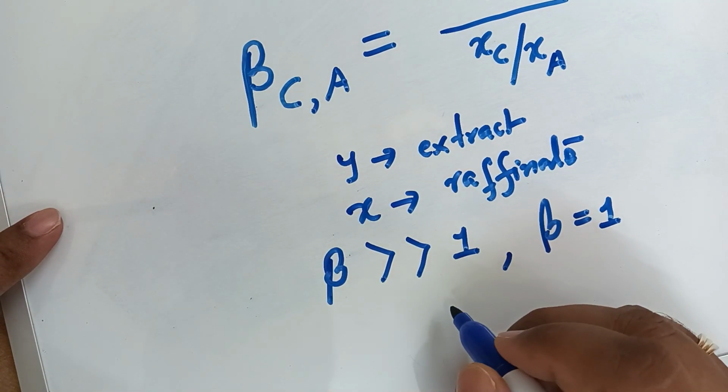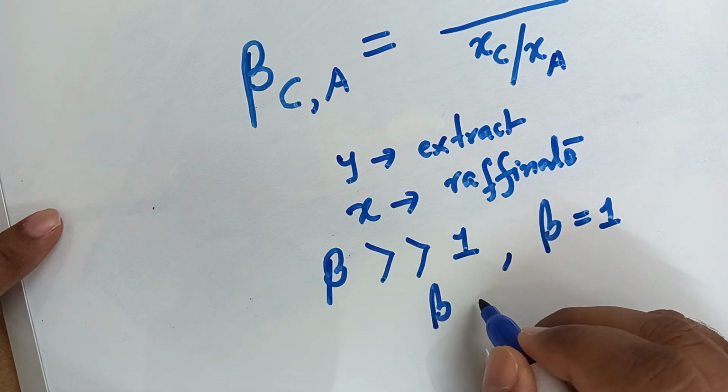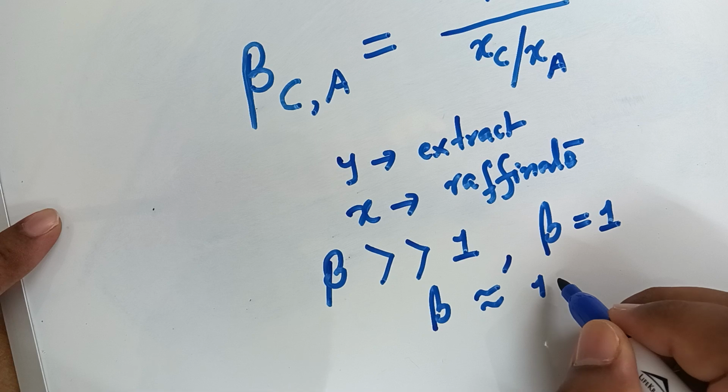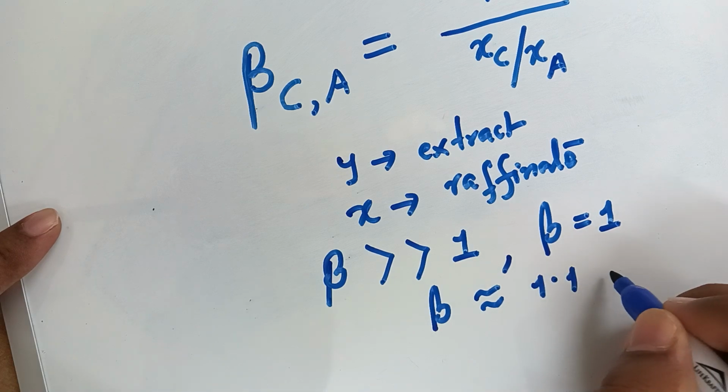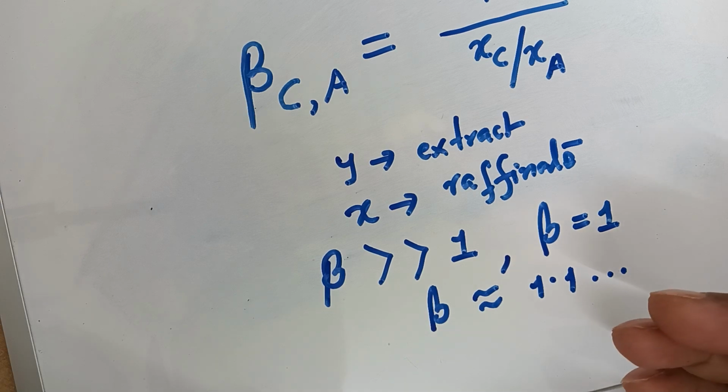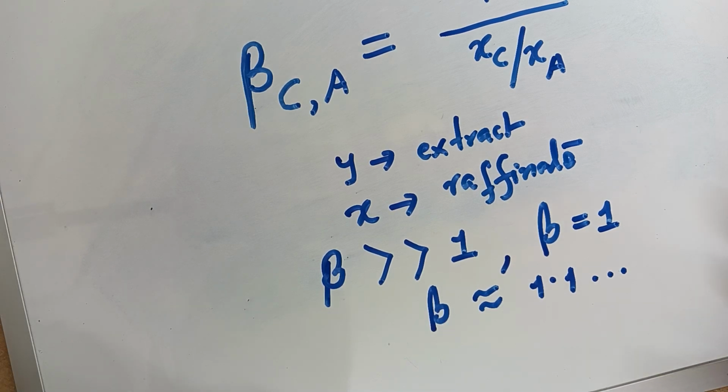And if the value of beta is close to 1, suppose 1.1, physically it means that if you want to carry out a separation by solvent extraction, one would require a maximum number of stages, or the whole plant requirement would be much bigger, and practically it will be untenable.